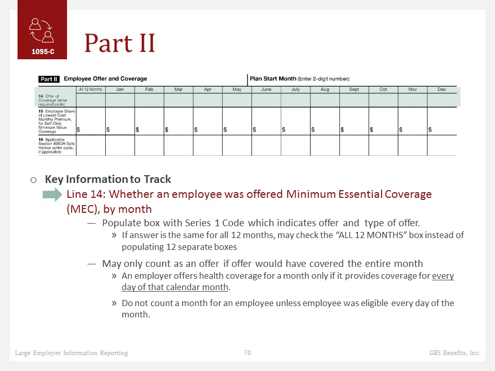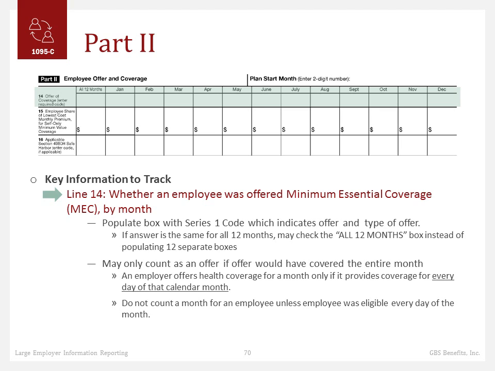So line 14 is whether an employee was offered minimum essential coverage, and you have to report that on a monthly basis. So you're going to populate this box with Series 1 codes that indicate the type of offer that you made. Now remember that you may only count as an offer that would have covered the entire month.